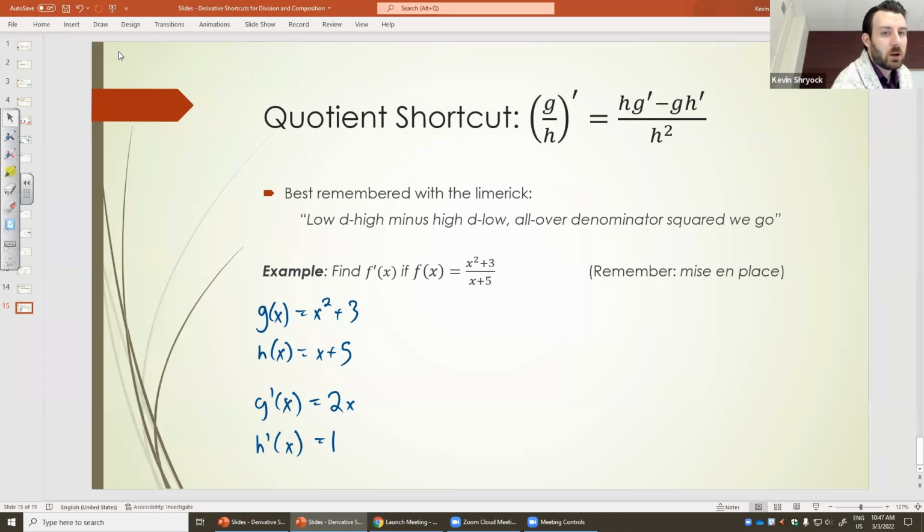Low would be the h, low times d high, minus high d low, derivative of the low, all over denominator squared we go.